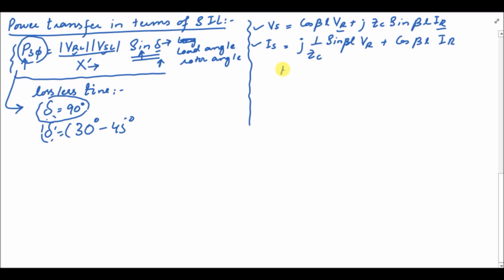Here A is equal to cos beta L, which is the constant multiplying the receiving end voltage.